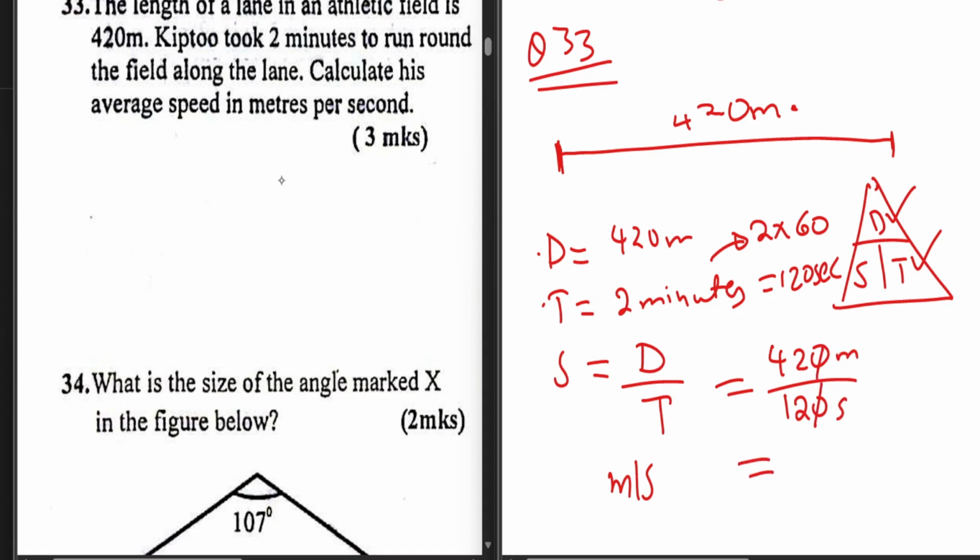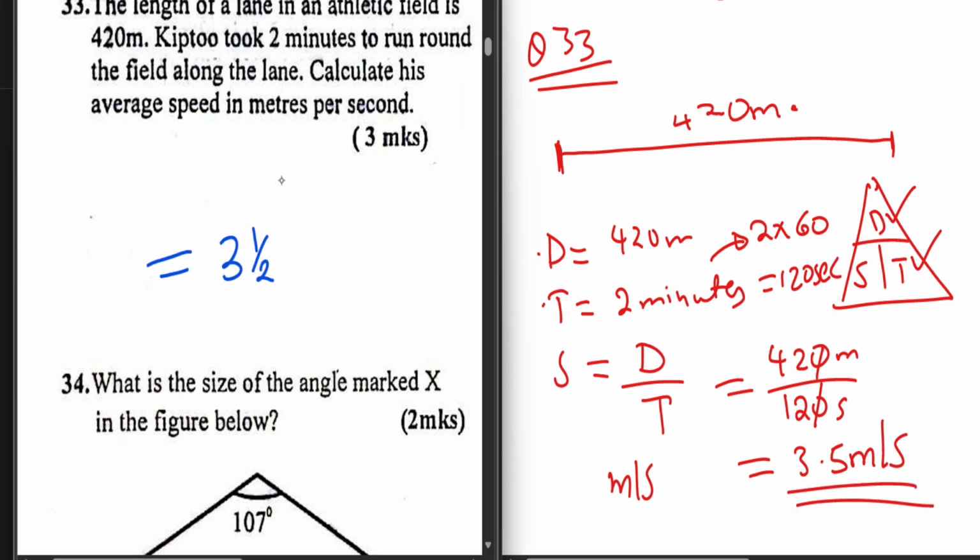So this and this cancel out, and then 42 divided by 12 should give you 3.5 meters per second.